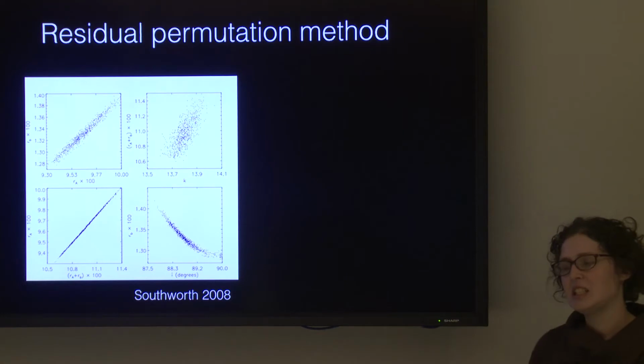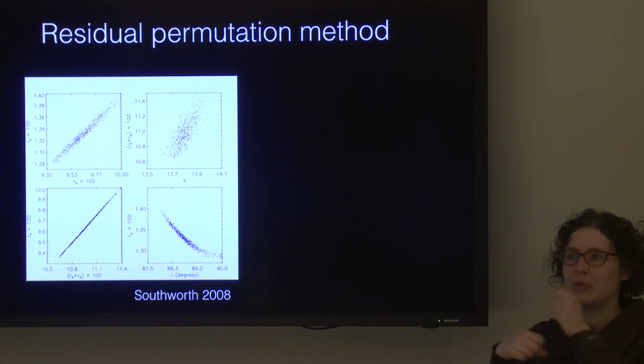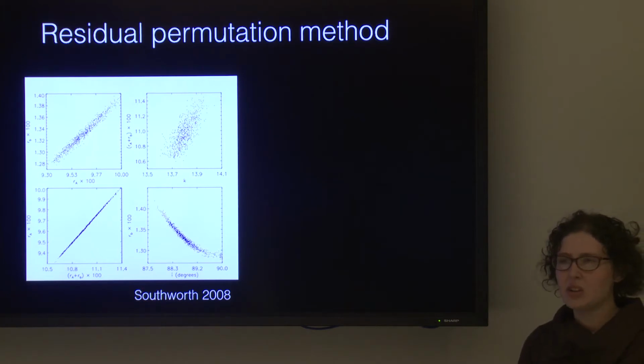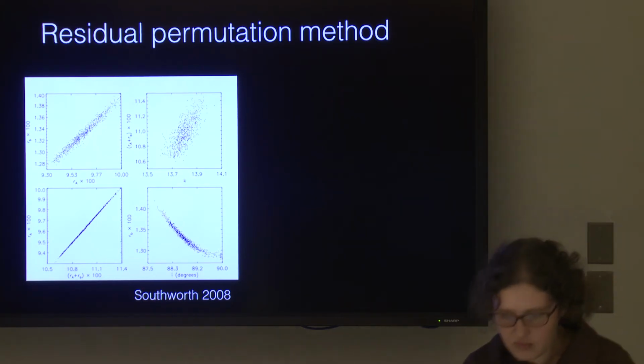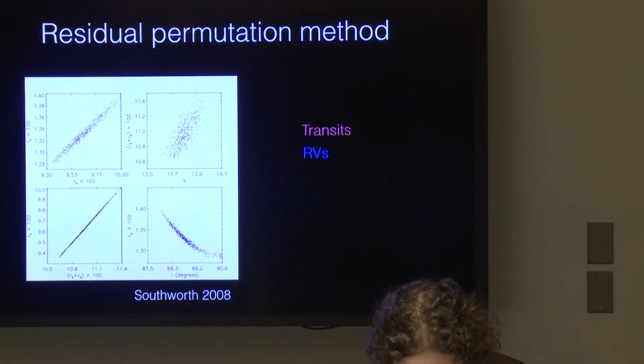The problem is that this doesn't preserve the correlated noise at all, because you're just scrambling the residuals. And so this also led to underestimated uncertainties. So this was used for both transits and radial velocities.